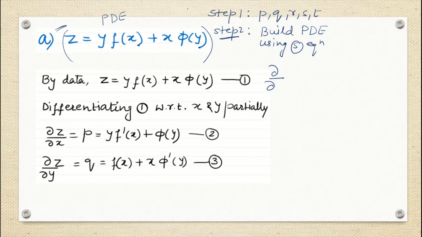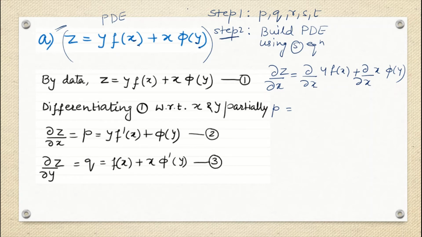Okay, so that means del by del x of z on the left hand side. Right hand side is what? Del by del x of y f x plus del by del x of x phi y. Okay, so left hand side is nothing but my p, and then right hand side is what? This is with respect to x.